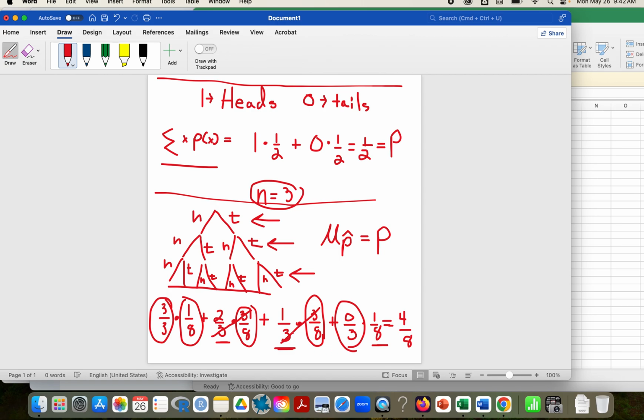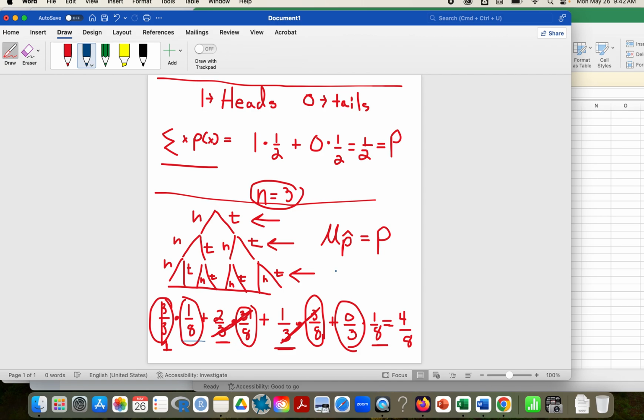Now, I already canceled the 3's there. And so we have this 3 over 3 actually being equal to 1. So what occurs is I have 1/8. Let me do this in a different color. So I have 1/8. And then what I'm going to get out of here is 2/8.